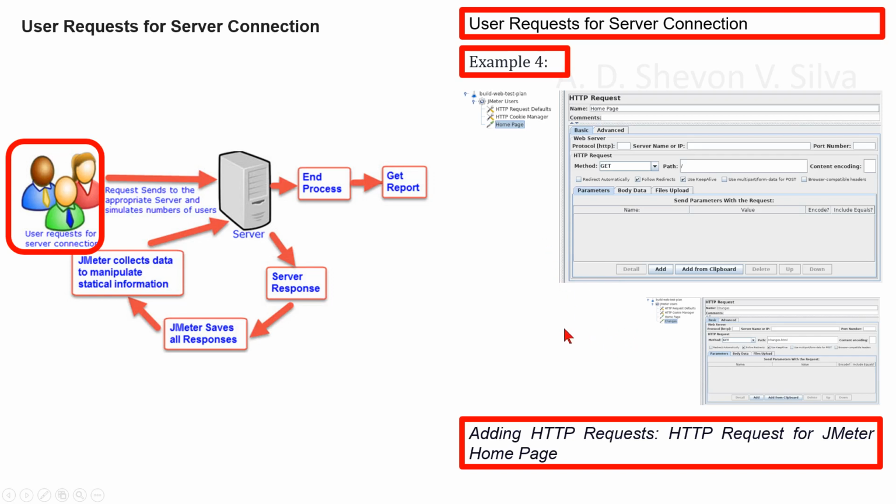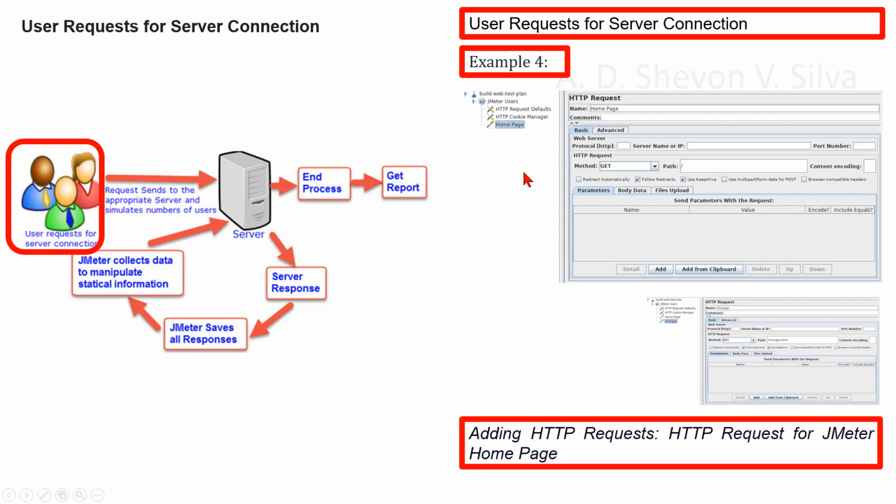The first one is for the JMeter homepage, http://jmeter.apache.org, and the second one is for the changes page, http://jmeter.apache.org/changes.html. JMeter sends the requests in the order that they appear in the tree.